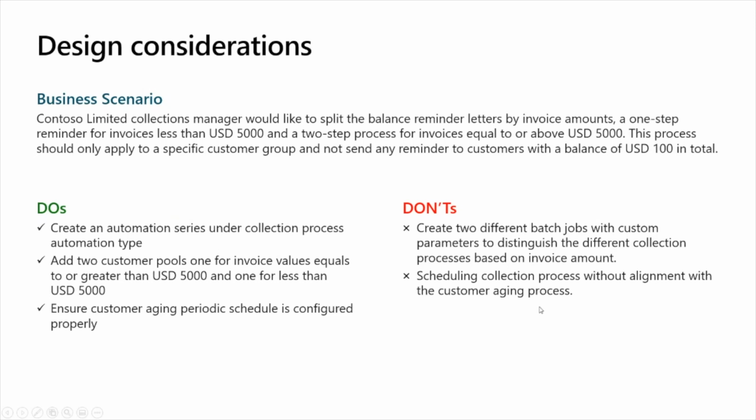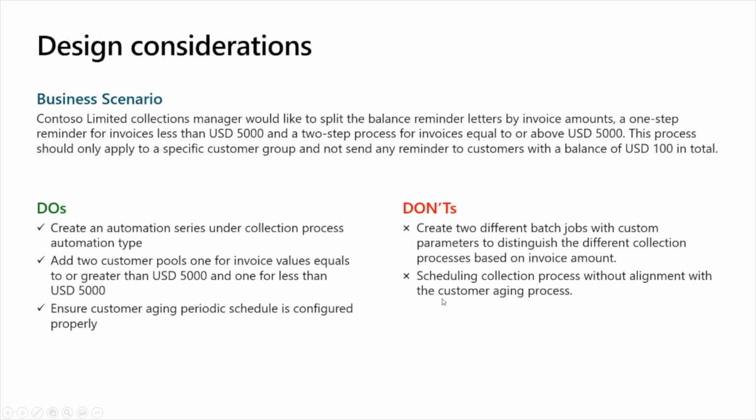What you will not do anymore, which is more important to keep in mind, is create different batch jobs or give business users access to handling those batch jobs to send out these mass collection letter processes. That will not be required, and that will be an anti-pattern going forward. So this will not be a recommended practice anymore.